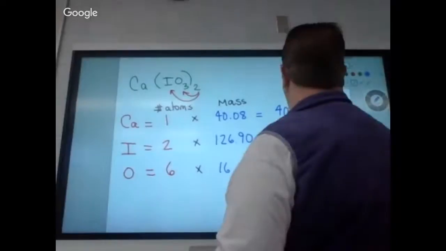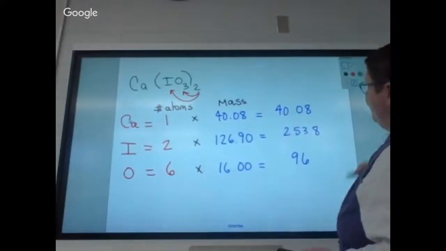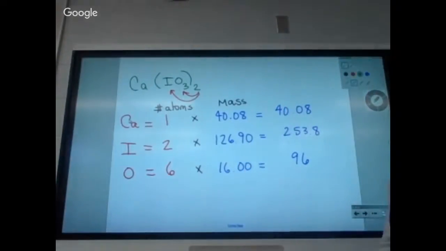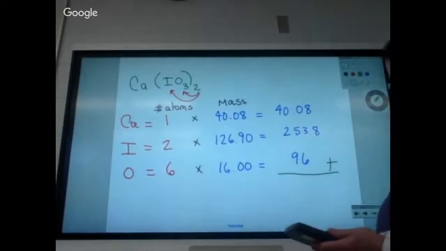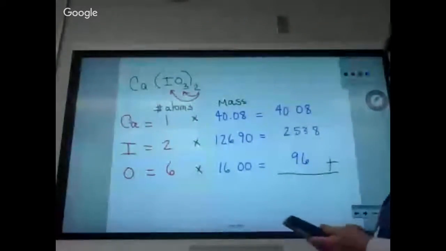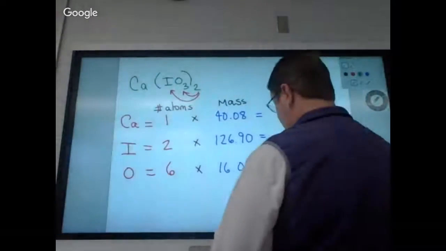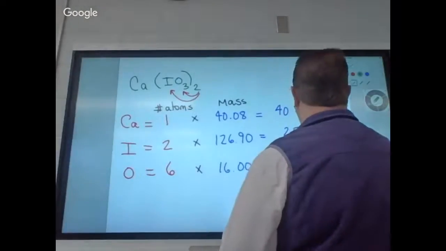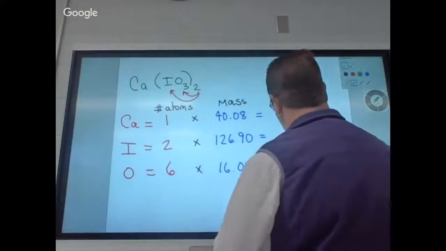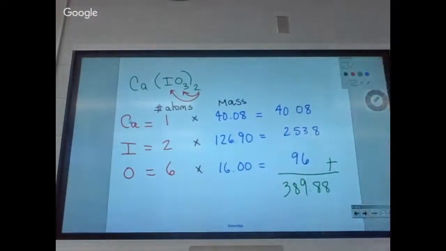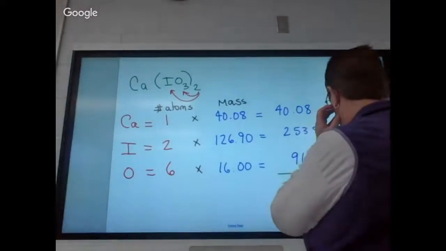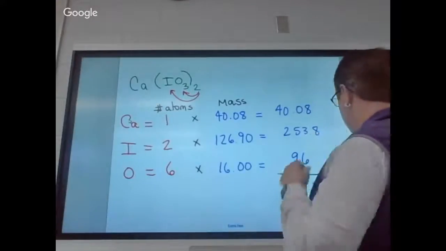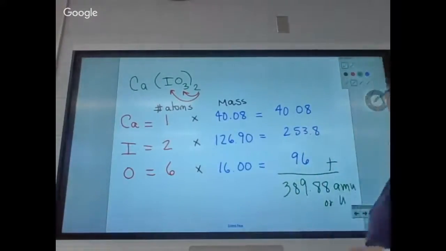So what are we going to do with these now that we have them? We're going to add them all together. Now, what unit will this be? AMU. Very good, Nalasia. AMU or U, either one.